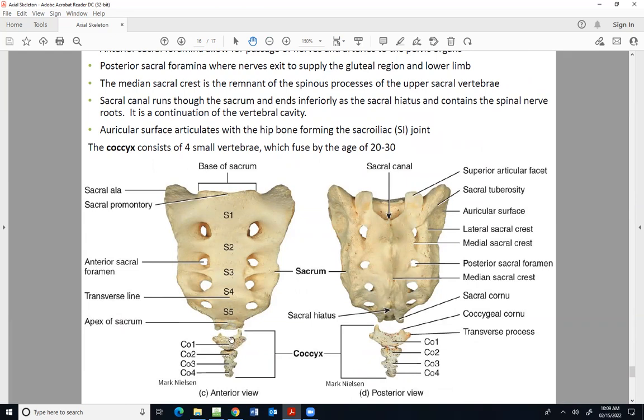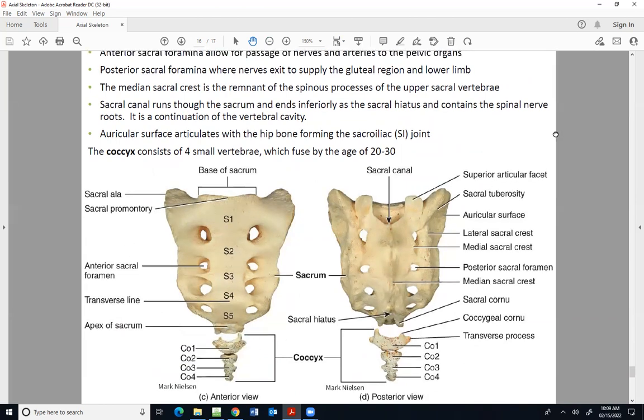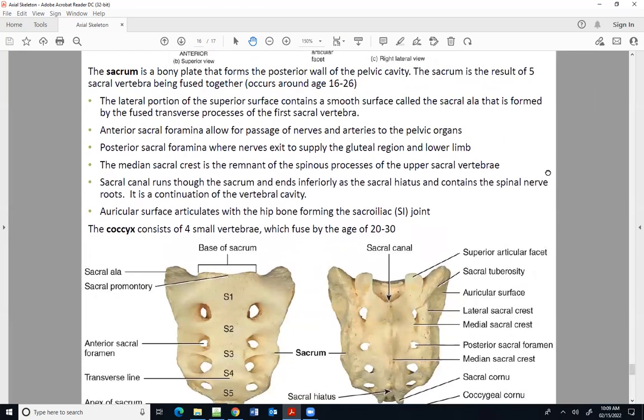Obviously, the coccyx is not connected, but in a living person it would be connected, because they're not just floating away from the sacrum. Your sacrum is a bony plate that forms the posterior wall of our pelvic cavity. It results from five sacral vertebrae being fused together, somewhere around 16 to 26, as I've already mentioned.